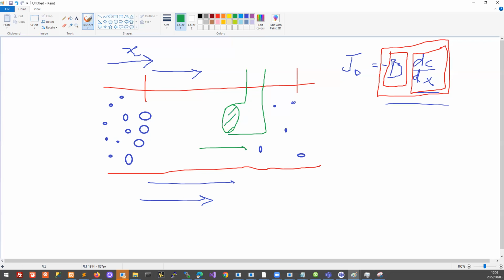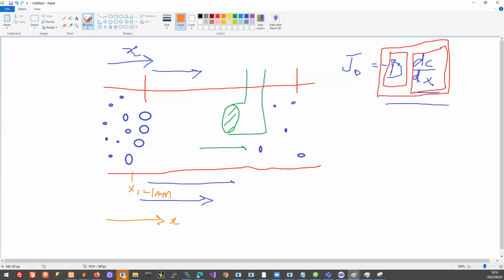Okay, and then in the chat, there's a question: what's the difference between X1 and X2? So if you look here, we have a certain position here, X1. So we are defining X in this direction. So maybe X1 is at the position 1 millimeter into the tube.